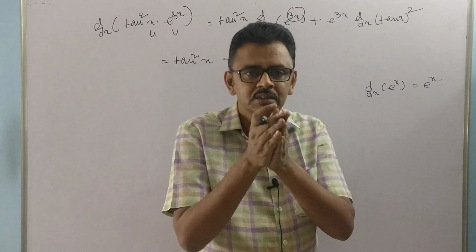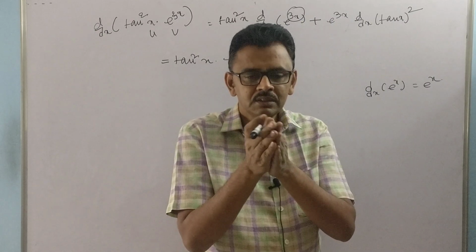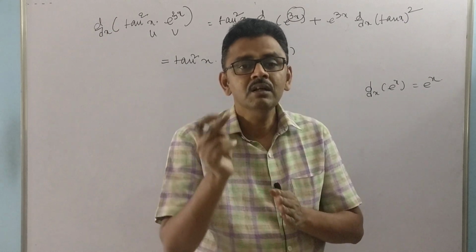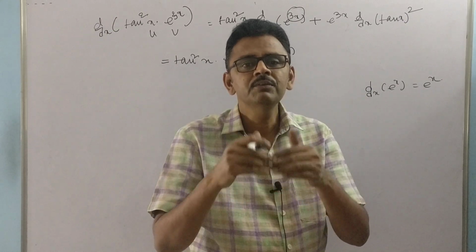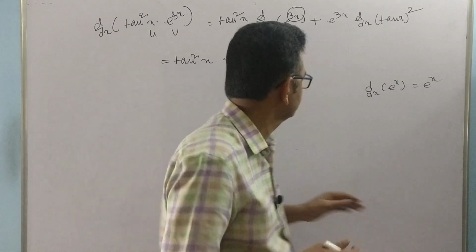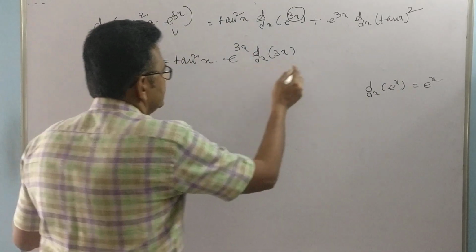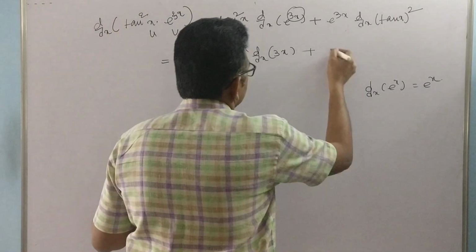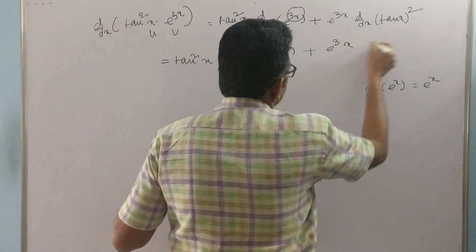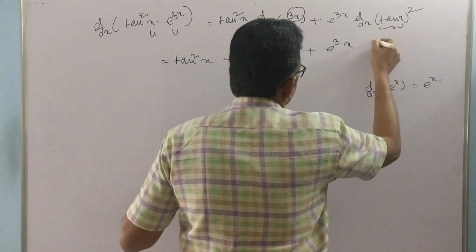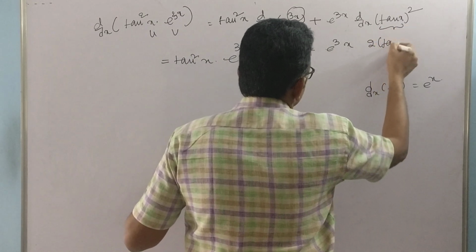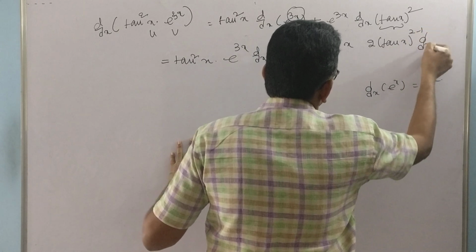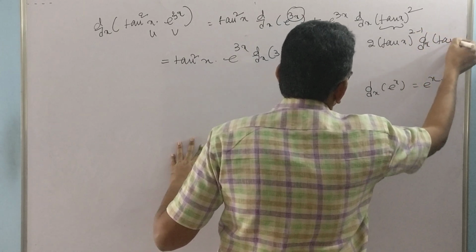Derivative of sin f of x is cos f of x into derivative of f of x. That is the meaning. Into derivative of 3x, plus next e power 3x into, this is x to the power of n, n into x power n minus 1 into derivative of tan x.